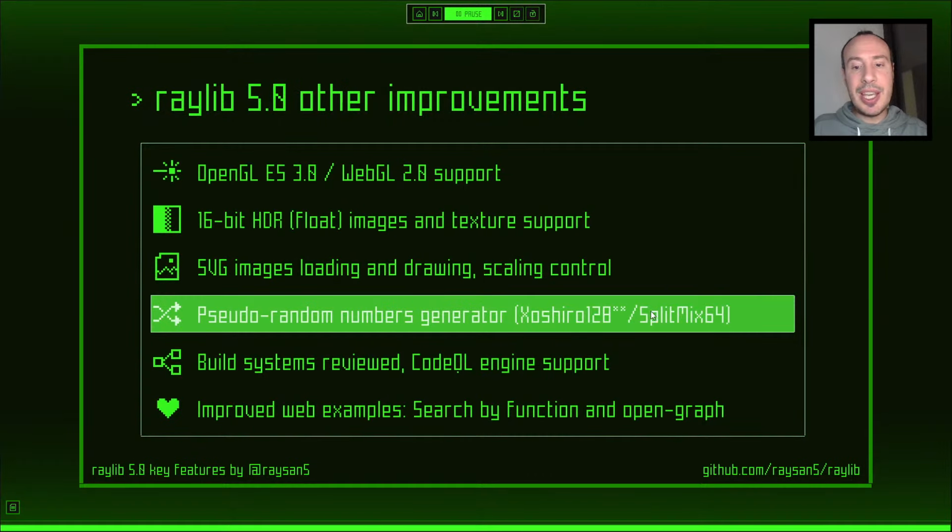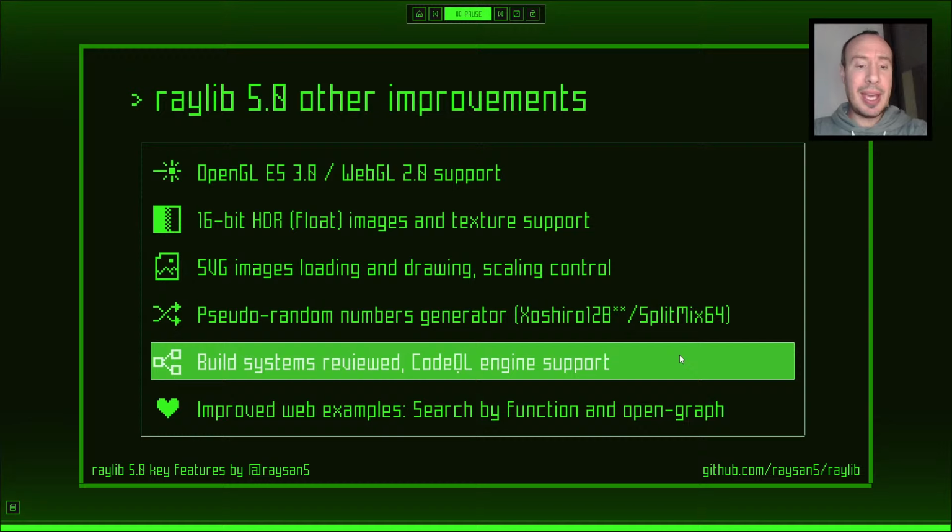It uses the Xoshiro128** and SplitMix64 combined algorithms for the number generation, and yeah, it can be useful. Also, the build system has been replaced with some improvement changes, the CMake file, the Visual Studio project.